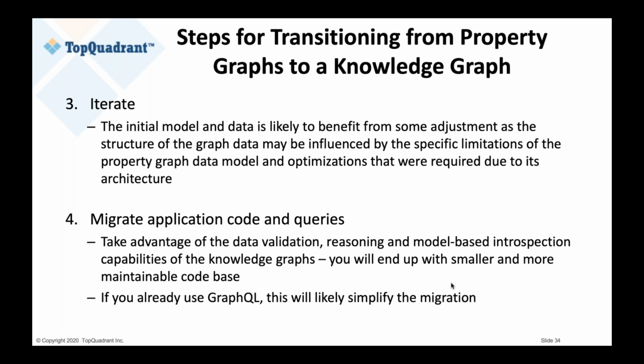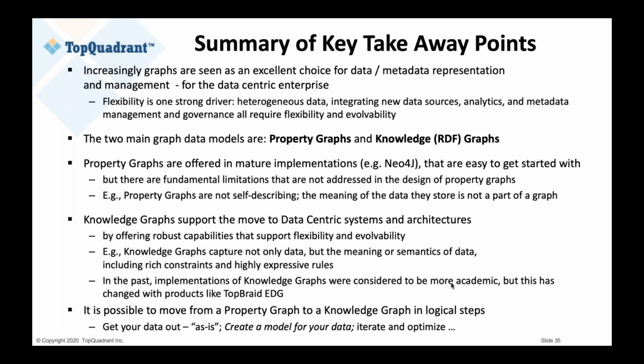You'll probably want to take advantage of some qualities of knowledge graphs as you transition. Then there are some steps you can take for migrating application code, etc. So this is a very high-level overview. As I said, we can talk about details if you're interested.